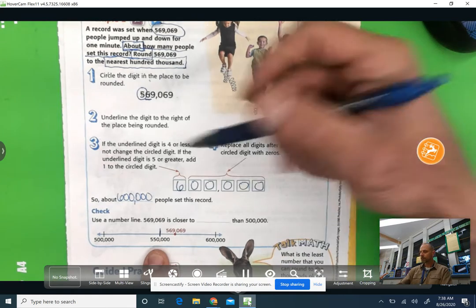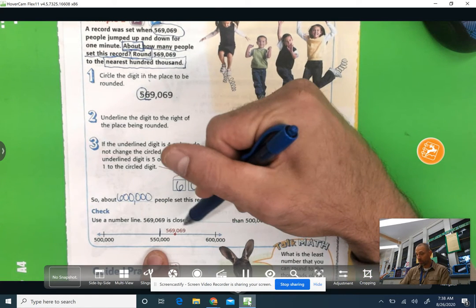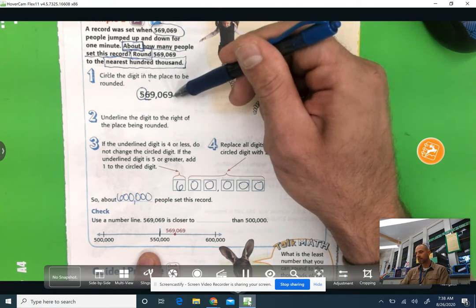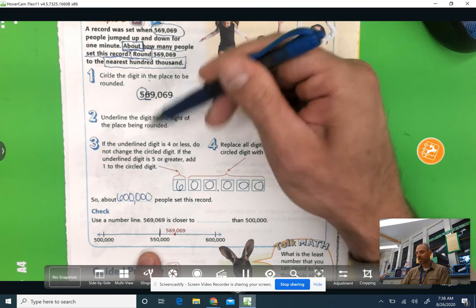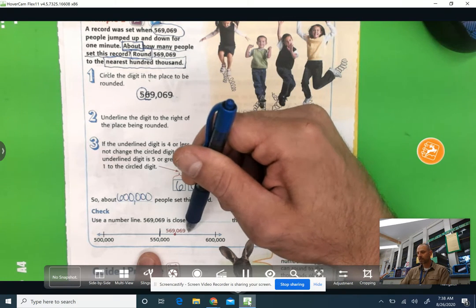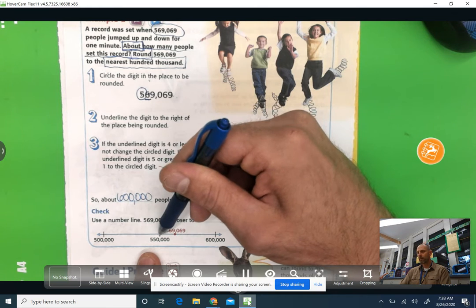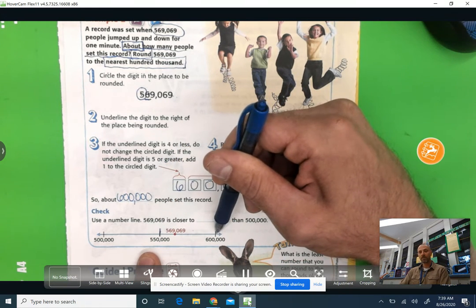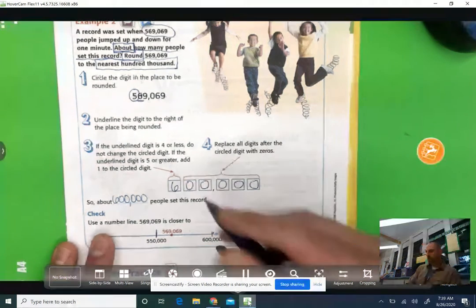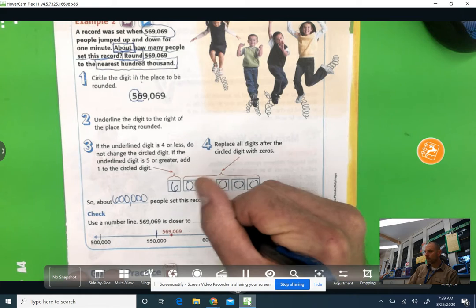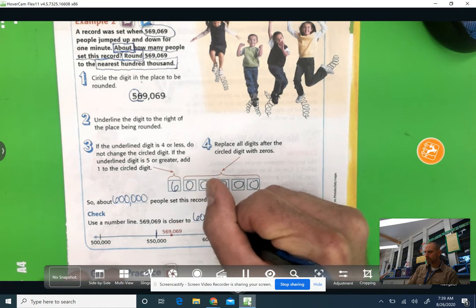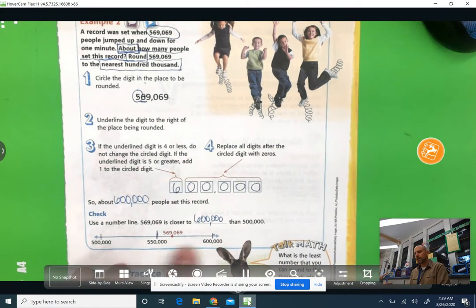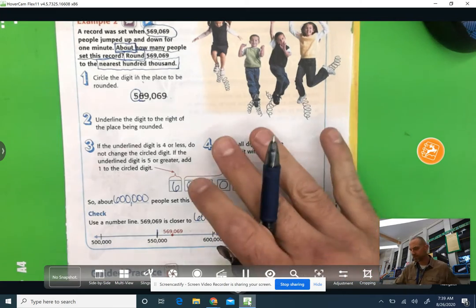So that means that 569,069, well, look, that 6 makes 569,069 greater than our halfway point. So it soars up to 600,000. 569,069 is closer to 600,000, as you can see on your number line.